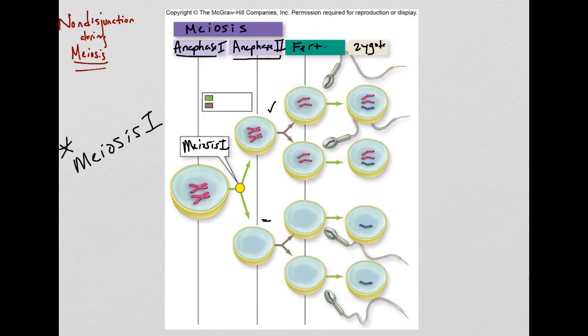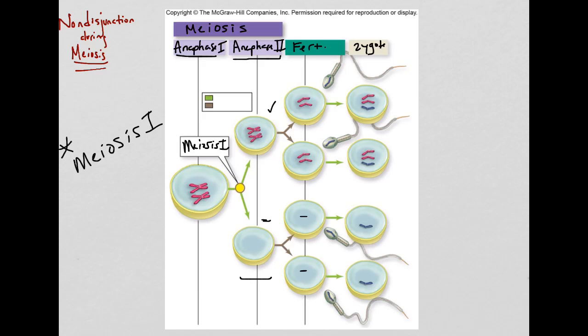So if we follow this one that didn't get his homologous chromosome that he was supposed to get, meaning he's missing one, right? So as we go through meiosis 2, there's no sister chromatids to separate because the homologous chromosome never showed up, so we're still minus there.